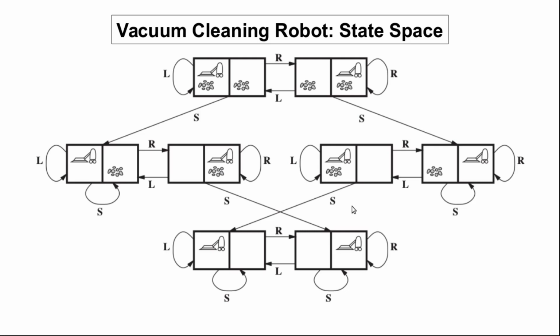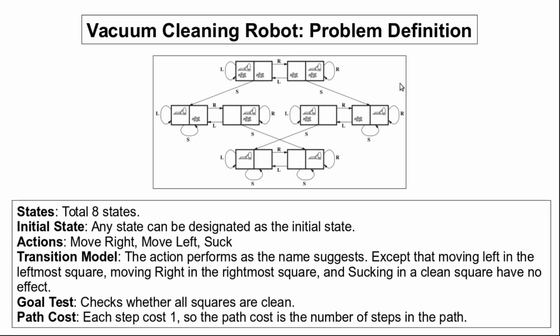So I hope this example clarifies what a state space is, and now we can also try to specify the problem formulation for the vacuum cleaning robot. So the problem formulation would look something like this. In total we have 8 states.